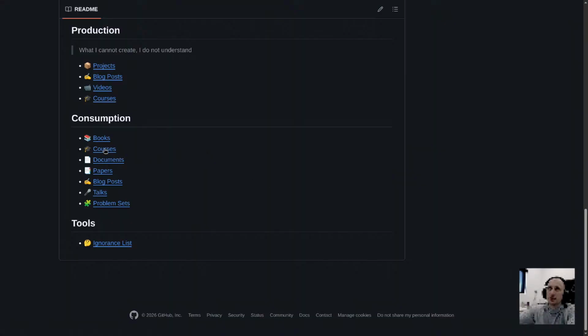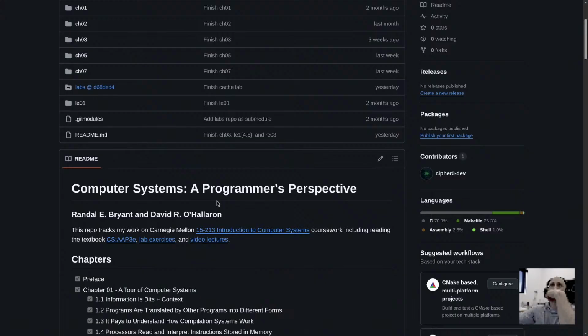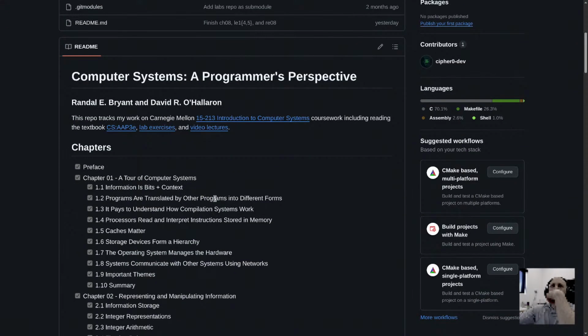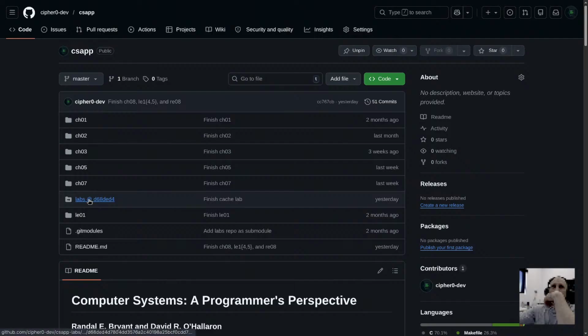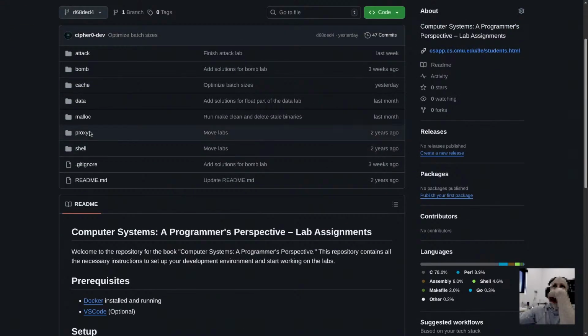that I did. If you go under the course here, so this is the repo that I have for the course CSAPP. There's a directory here, labs, and it's called the attack lab. This might be something that interests you.